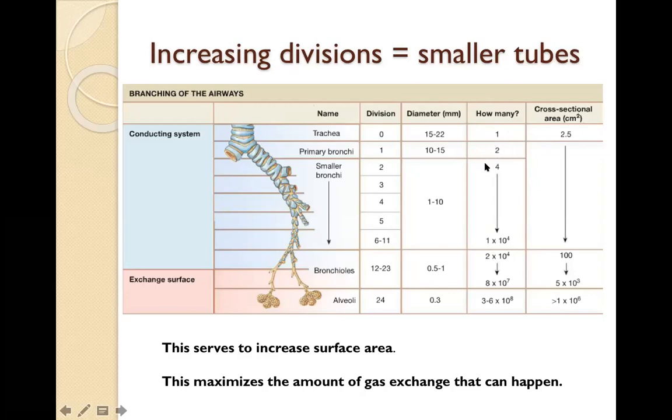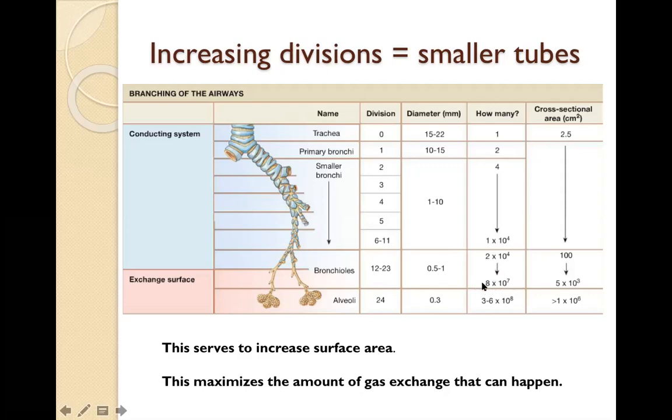There's really 5, but we're not going to include the extra one. They're all exponents of 2. With each division, you're multiplying the number of airways by 2. And by the time you get to the smallest airways, you're already at 80 million airways.